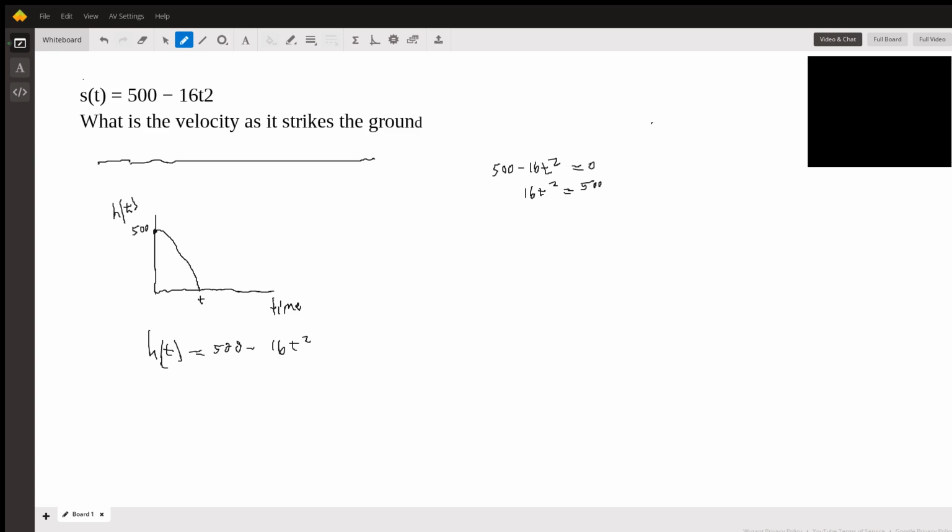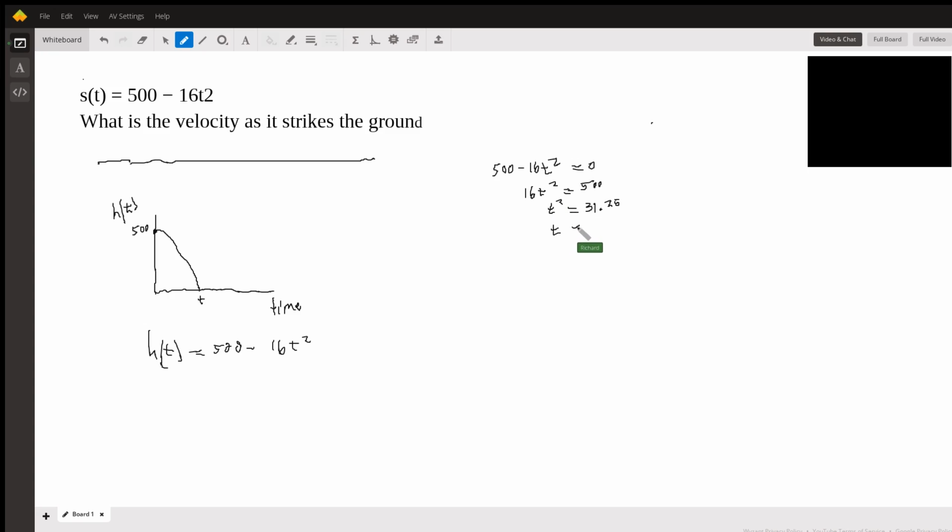And get out my trusty calculator. 500 divided by 16 is 31.25. 31.25 is equal to t squared.